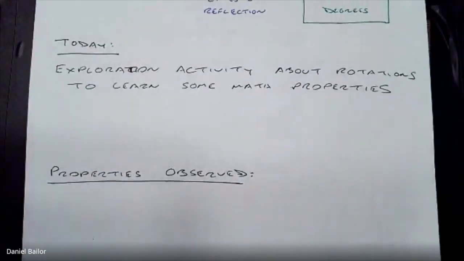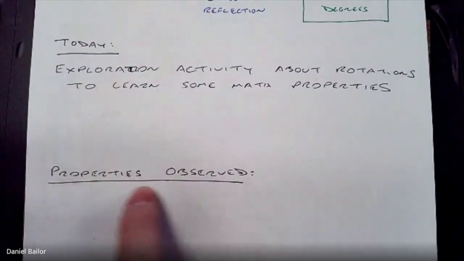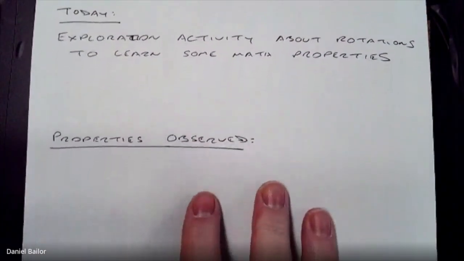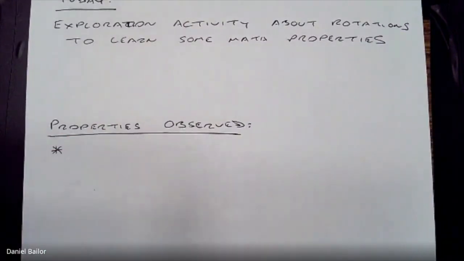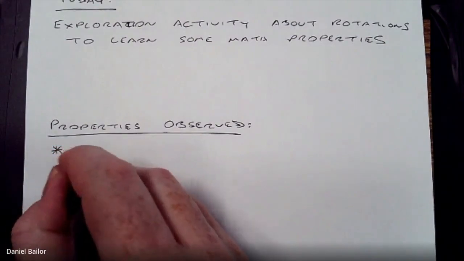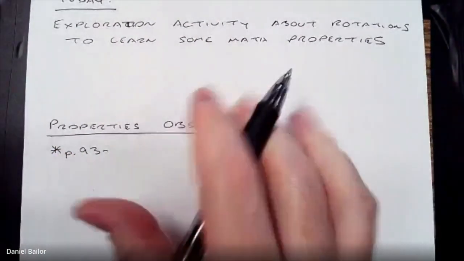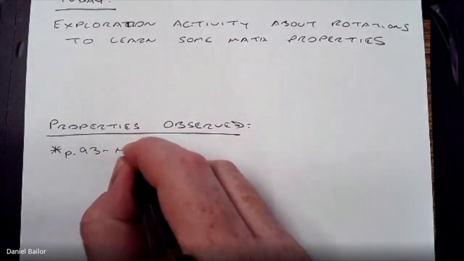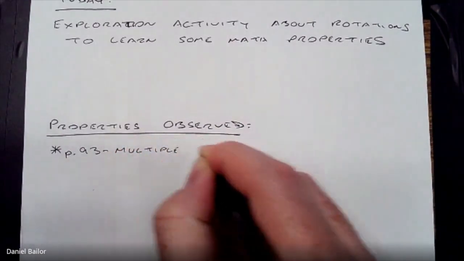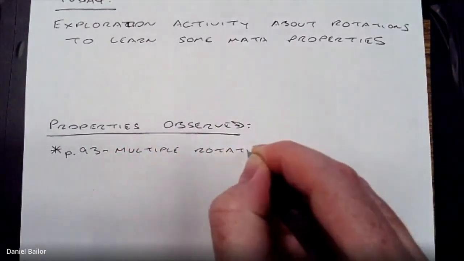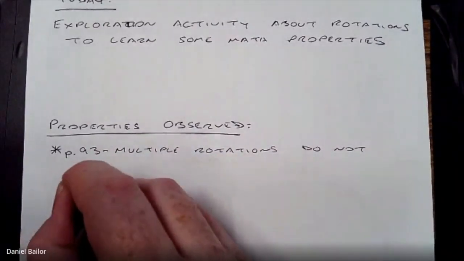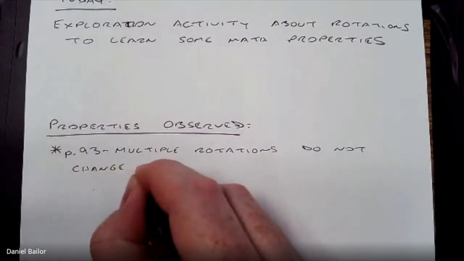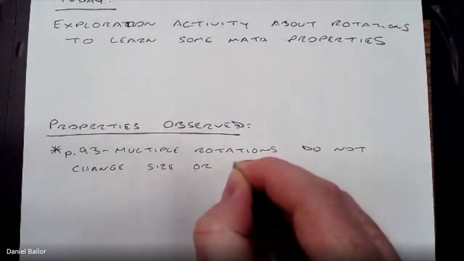So the properties observed, I have on the bottom of my note page underneath the Today notes, I put a section called Properties Observed. And so the first property we see, the first thing we learned from page 93, page 93 taught us that multiple rotations do not change size or shape.